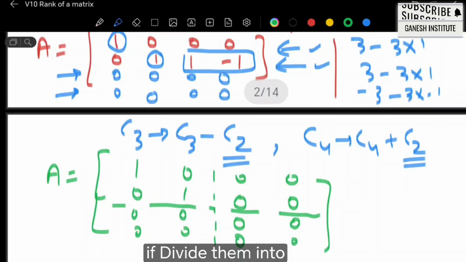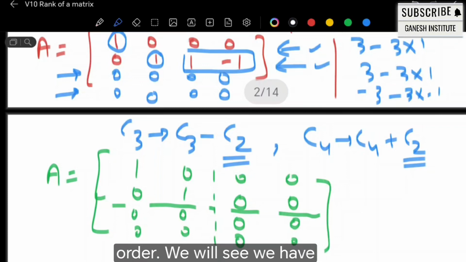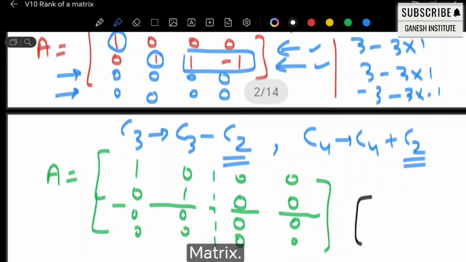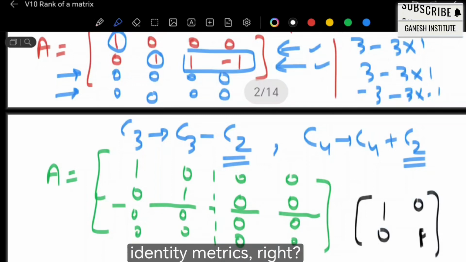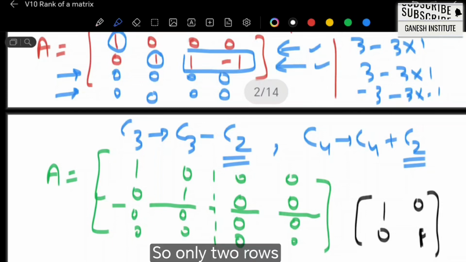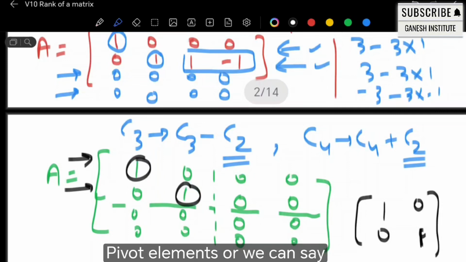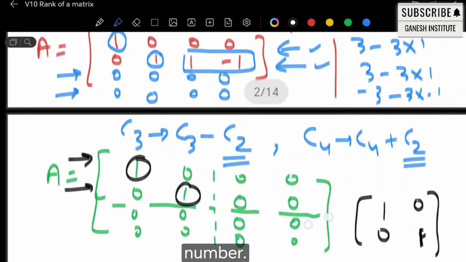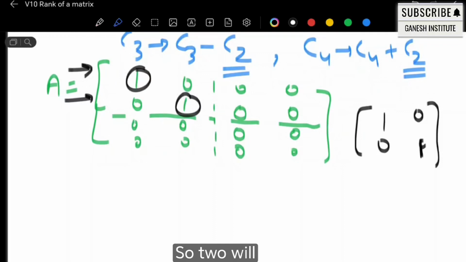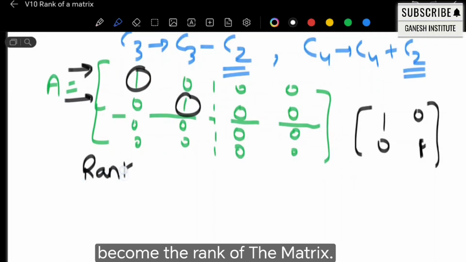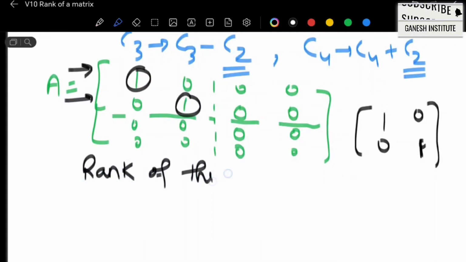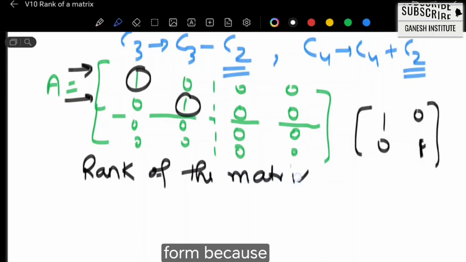If we divide them into submatrices of lesser order, we will see we have only one matrix. What is it? Identity matrix, right? Only two rows are here which have pivot elements, or we can say non-zero numbers. So 2 will become the rank of the matrix in the normal form.